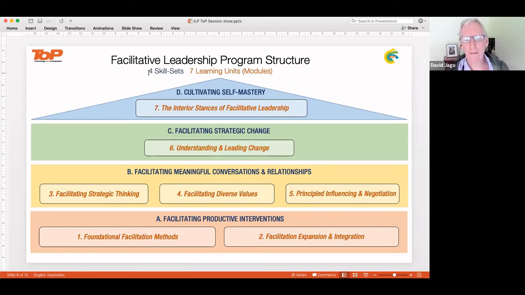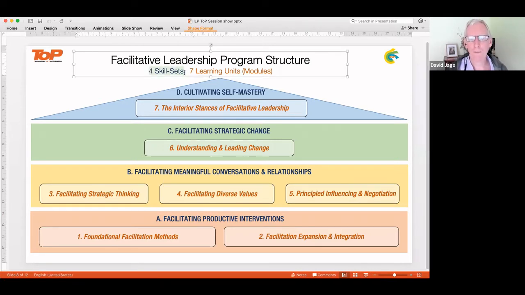So what we have, and using a bit of EET language, there are 4 skill sets involved, which are the main color blocks here, and 7 learning units. We always, in-house, tend to call them modules. And originally, roughly 2 days of learning time per module in a face-to-face context. And so it varies a bit when you're doing online, offline, that type of thing.